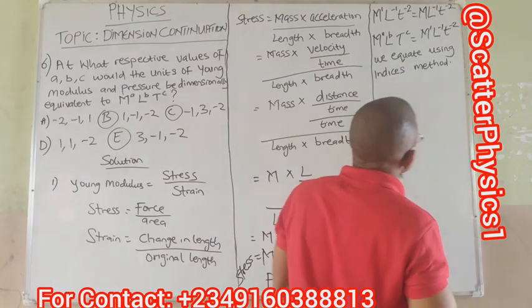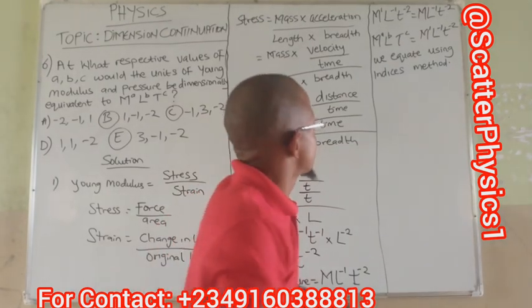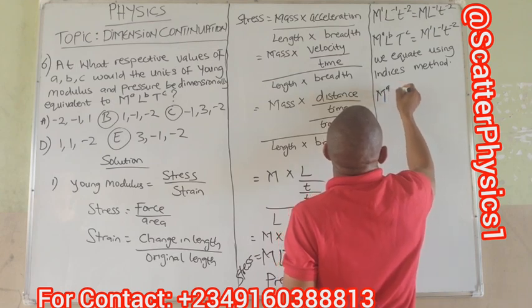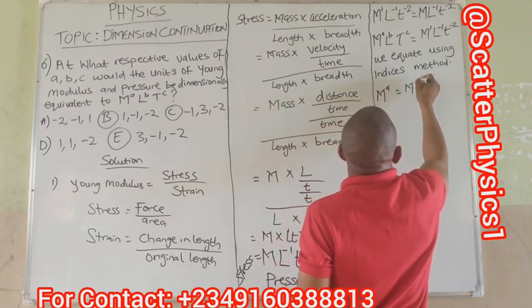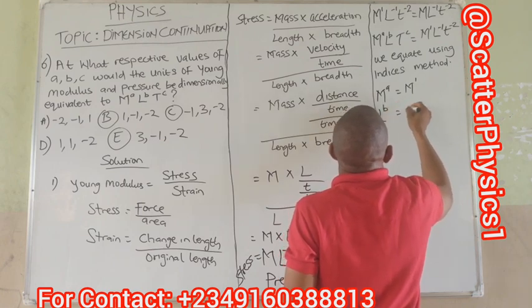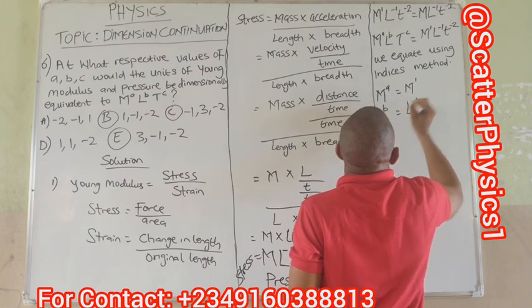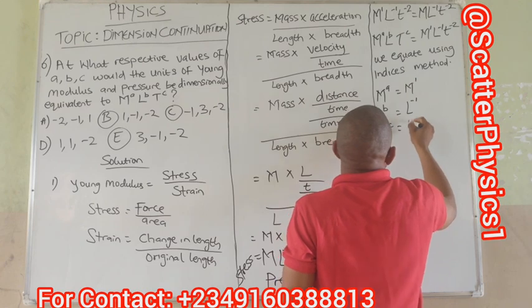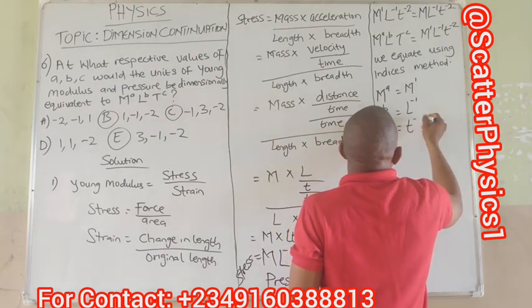M raised to the power A is equal to M raised to the power 1. L raised to the power B is equal to L raised to the power minus 1. T raised to the power C is equal to T raised to the power minus 2.